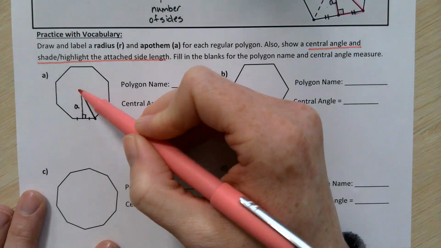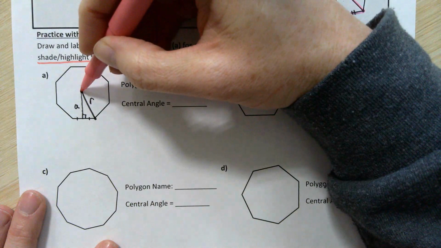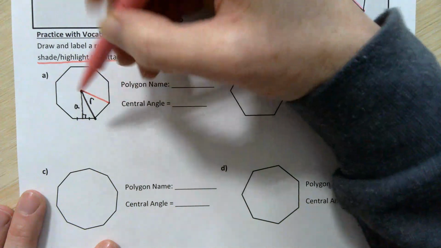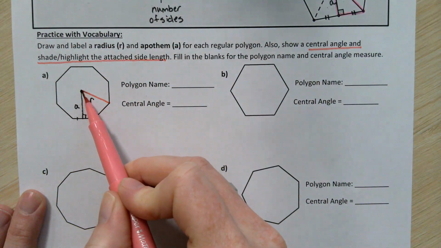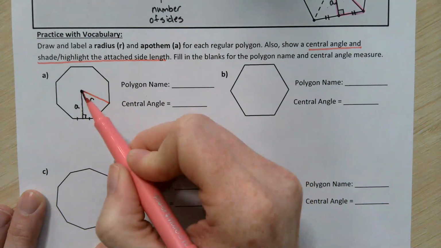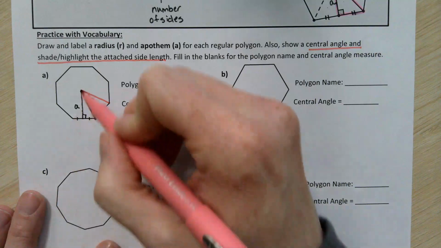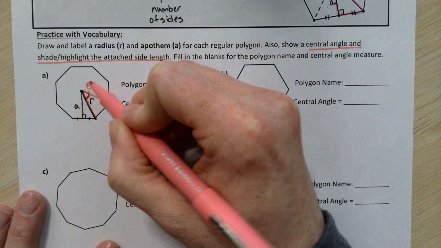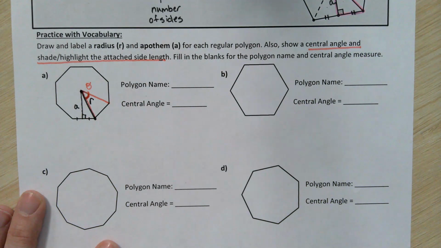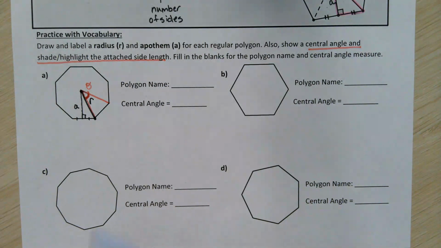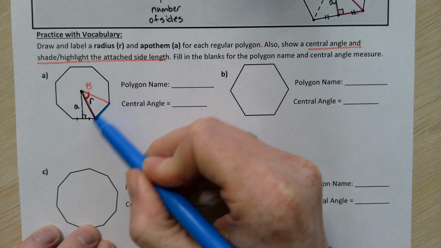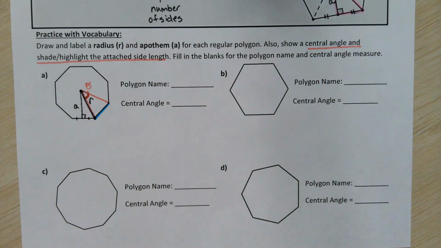So if I'm going to do that, I might actually just hop over here and put 1 more radius in and try to reuse this one as my second. That angle right there would be the central angle. Remember, we can label that with a theta if we'd like. And then if we're going to shade or highlight the attached side, that would be this whole entire side right there between those 2 vertices.